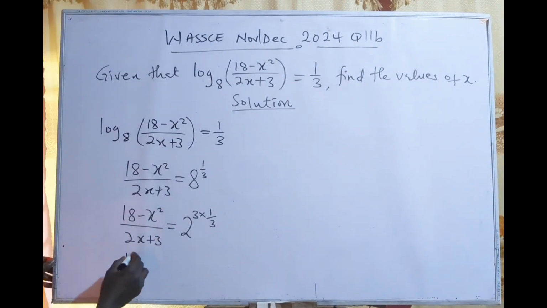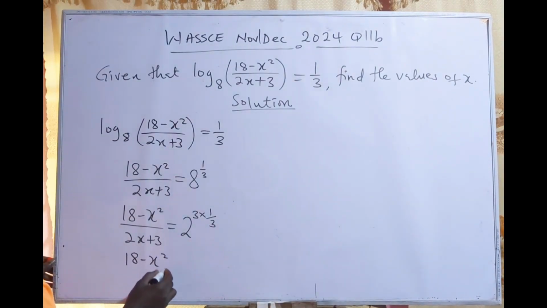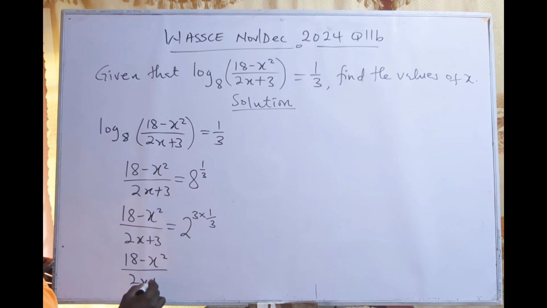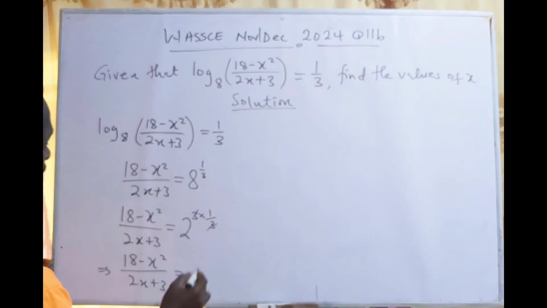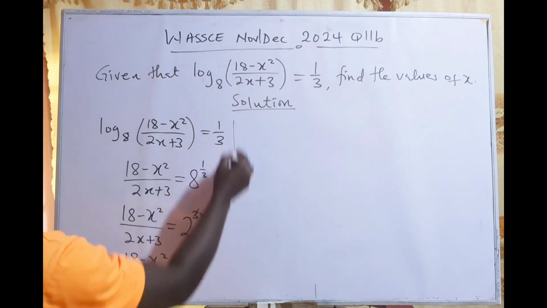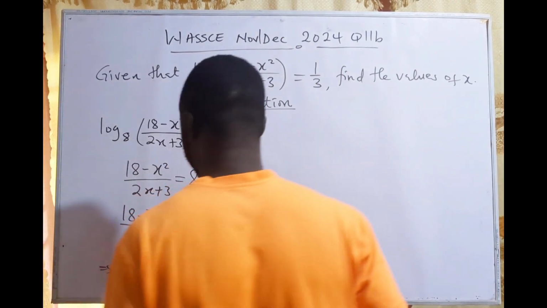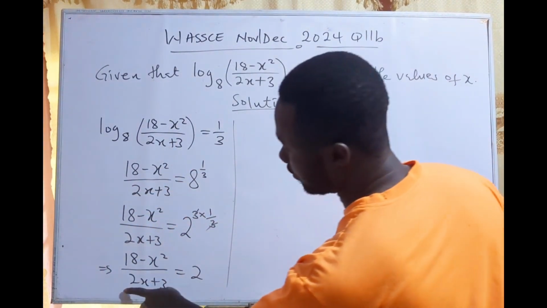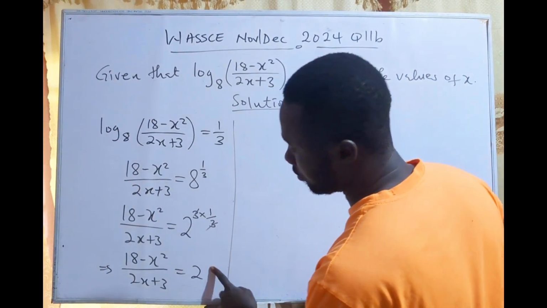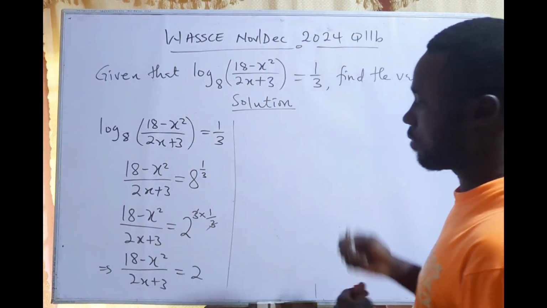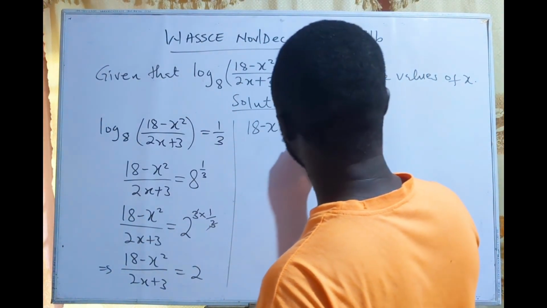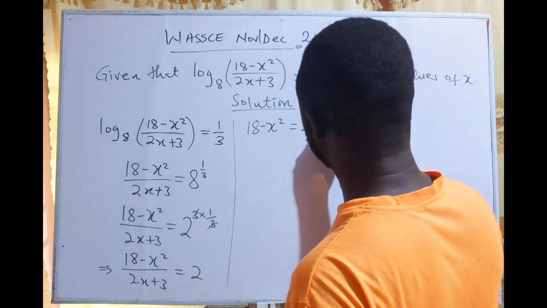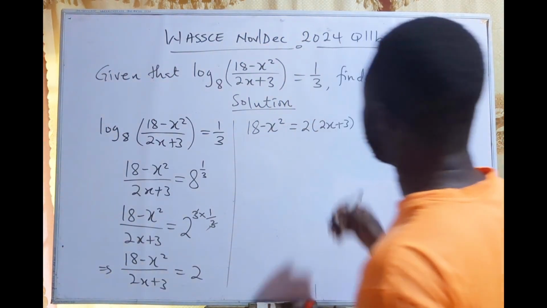So we have (18 minus s squared) over (2s plus 3) equal to 2 exponent 1, because the 3 cancels the 3, which is 2. Then we multiply (2s plus 3) by 2, so that we have 18 minus s squared equal to 2 multiplying (2s plus 3).